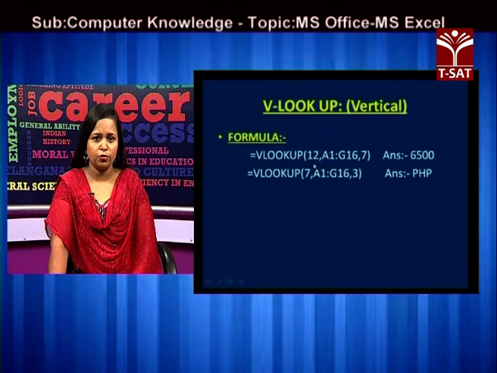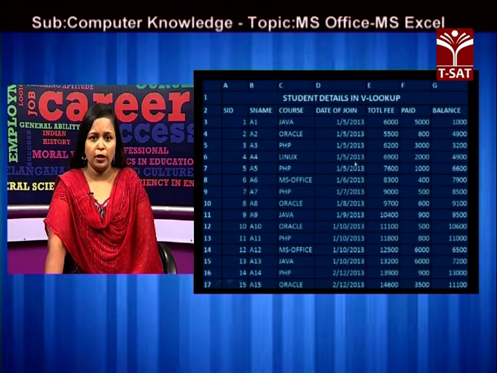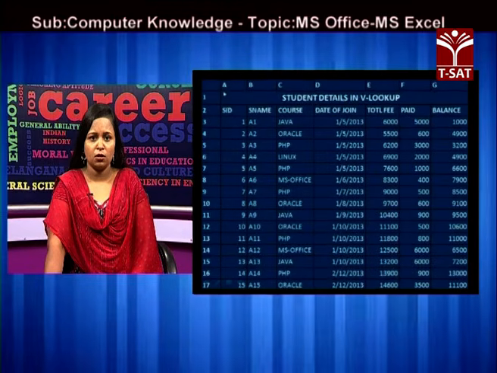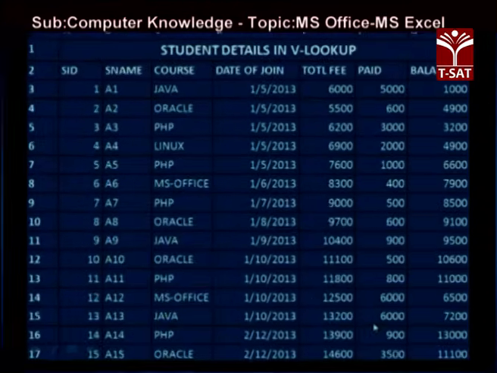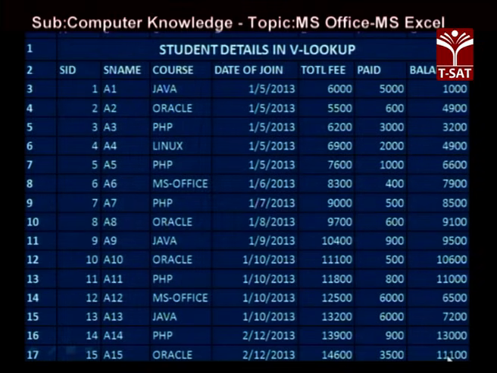VLOOKUP of 12, A2 to G16, that is the total table range, starting with A2 and ending with G17. This is the table range.